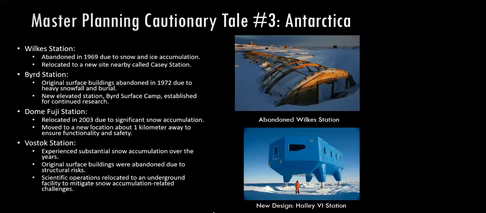So you'll see the lesson learned was that the new stations are being designed with these actuators. So they're stilts that are actuated, and they actually jack up the stations and keep them from being buried in snow. But even that is not sustainable because one day this station will be covered. So really, it needs to be a jacking system that can jack itself up on top of the snow that accumulates. But that's still to be designed.